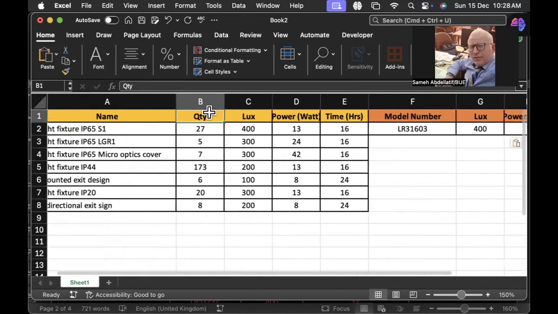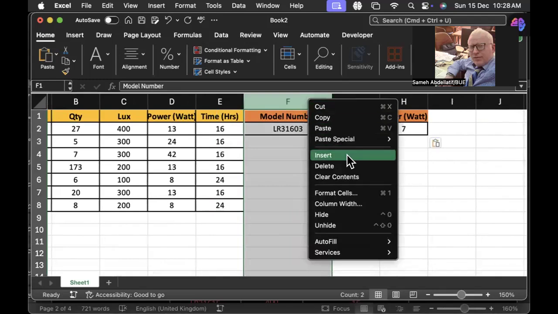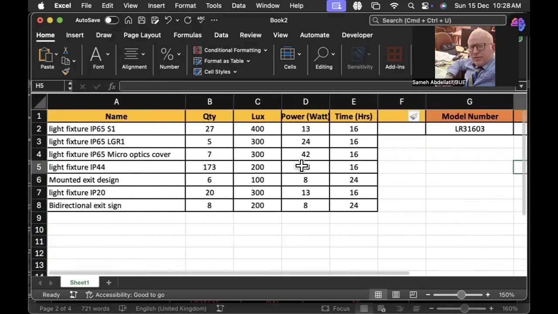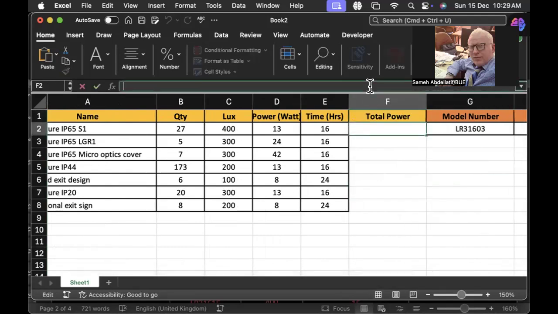Let's start with the first case, which is the one we are already running with. The total power consumed by this device will typically be 27 units multiplied by the power per unit, which is 13. And this number will be in what?